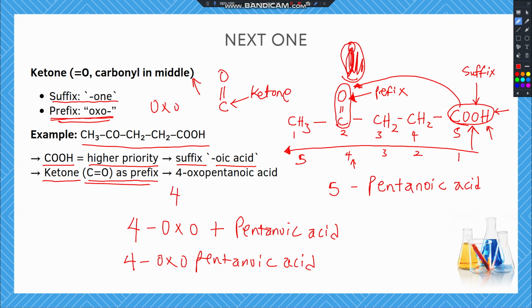That's why we gave it 4-oxo. This 4 signifies that it is on carbon number 4 over here. And then pentanoic acid, penta here shows that we have 5 carbon atoms, and then the suffix oic acid shows that we have this functional group. I'm sure you're seeing how everything is playing out.